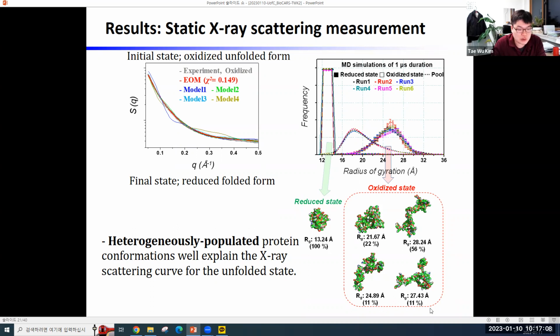The structures below show representative conformations of this unfolded state. There are many different extended conformations, like partially unfolded structures, quite extended structures, and very strange structures. All of those are in the unfolded state.